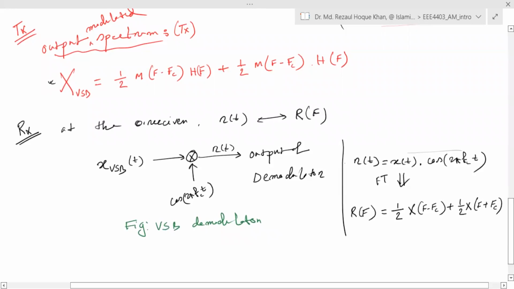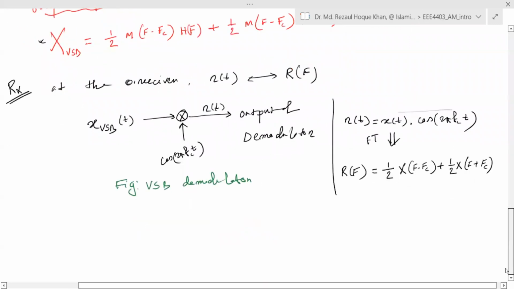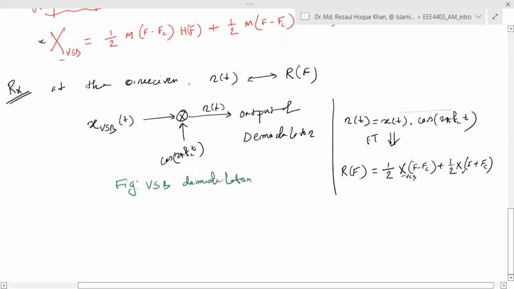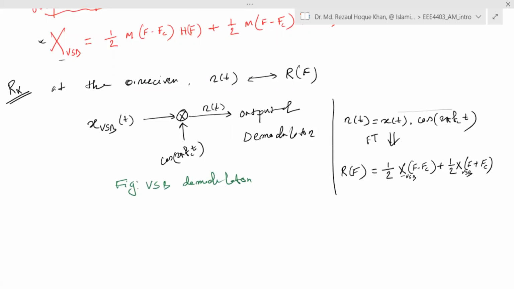I'm not deriving this equation again and again, since we know the solution from before. This X is the VSB signal that was initially transmitted.